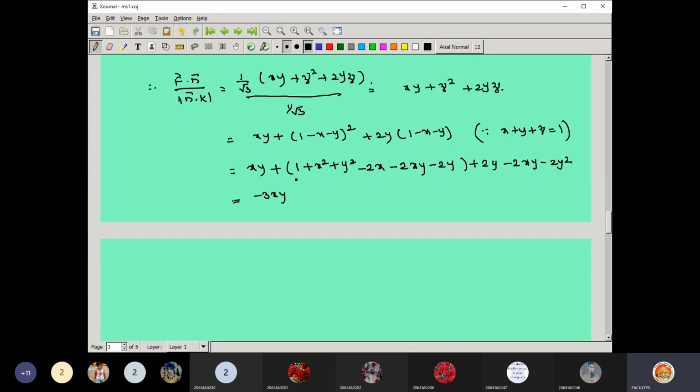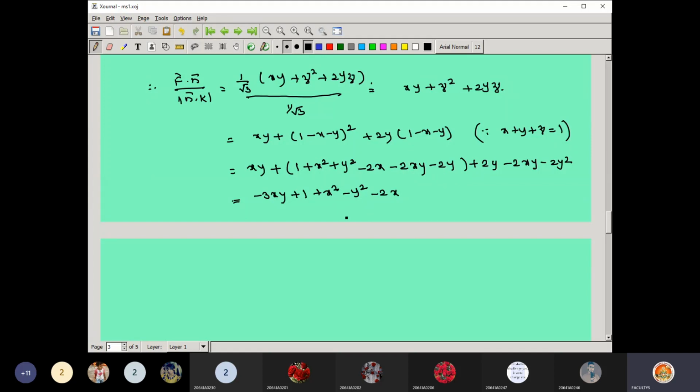The constant term 1 is there, with no other constant term, so plus 1. There is no other x square. For y square, there is minus 2y square, so it is minus y square. Coming to minus 2x, there is no other x term, so minus 2x. The 2xy is already cancelled, so minus 2y plus 2y is cancelled.